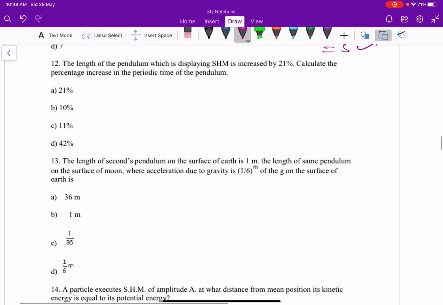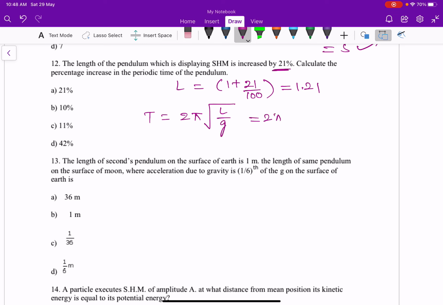Now, the length of the pendulum which is displaying SHM is increased by 21%. That means 1 plus 21 by 100, that is nothing but 1.21. Okay, new length is 1.21. So time period T equal to 2 pi root L by g.